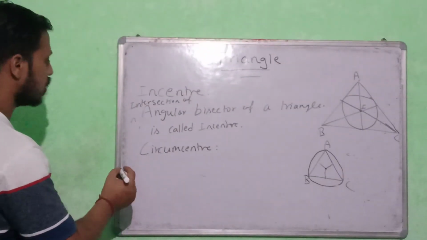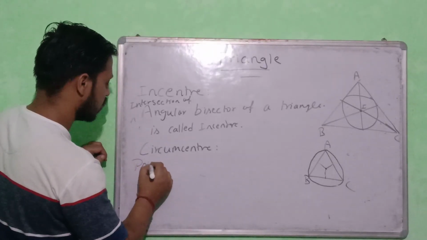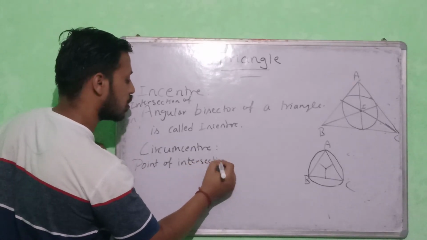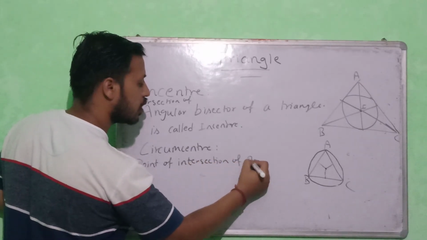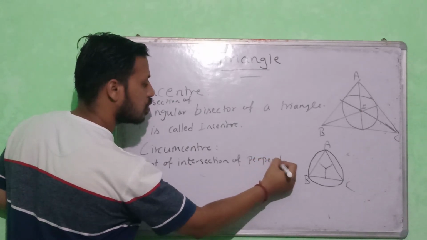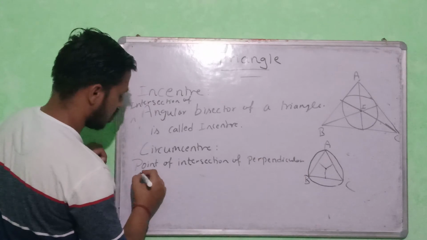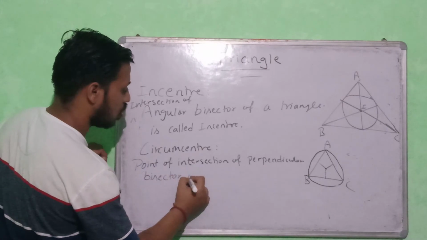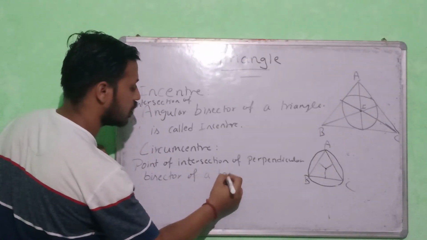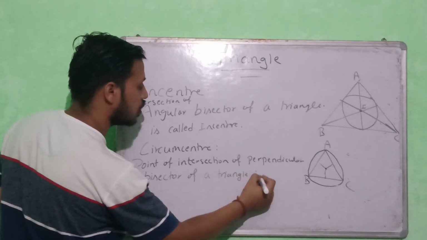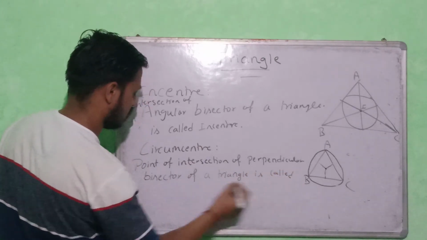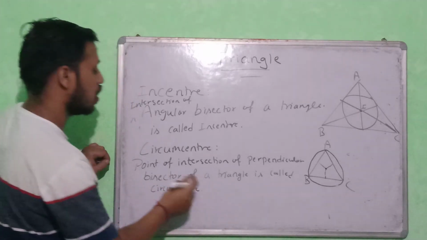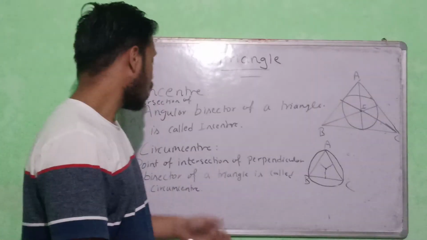The point of intersection of the perpendicular bisectors of a triangle is called the circumcenter.